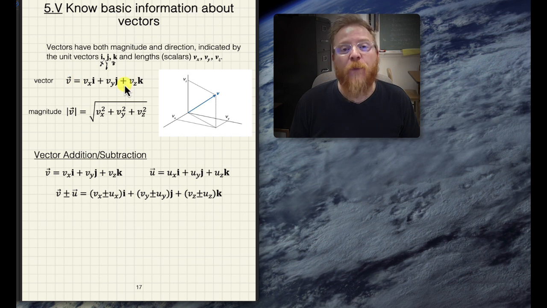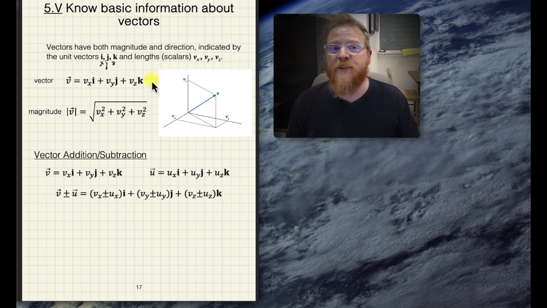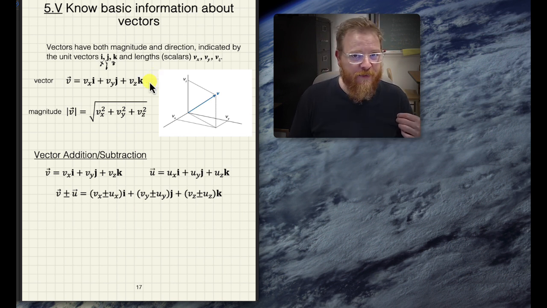So overall then we can express a vector as the following: Vxi plus Vyj plus Vzk. And the values of the scalars will determine the overall length and the direction, and the signs of the unit vectors I, J, K will tell us if it's going into the positive x direction or negative x direction, positive y, negative y, or positive z, negative z.